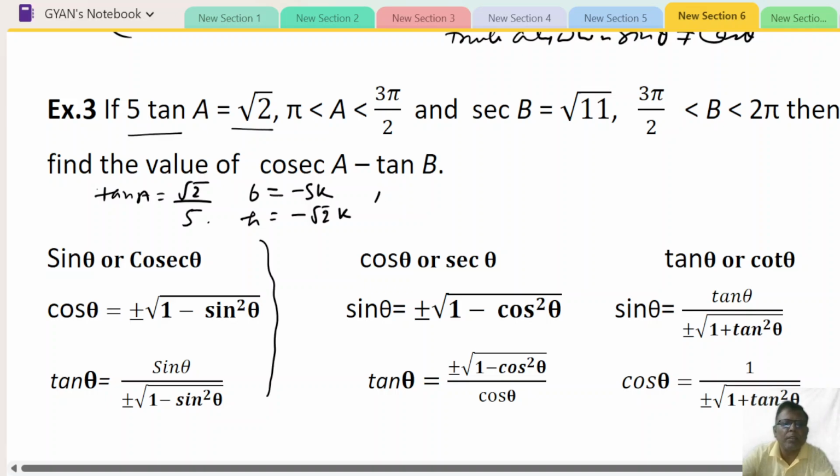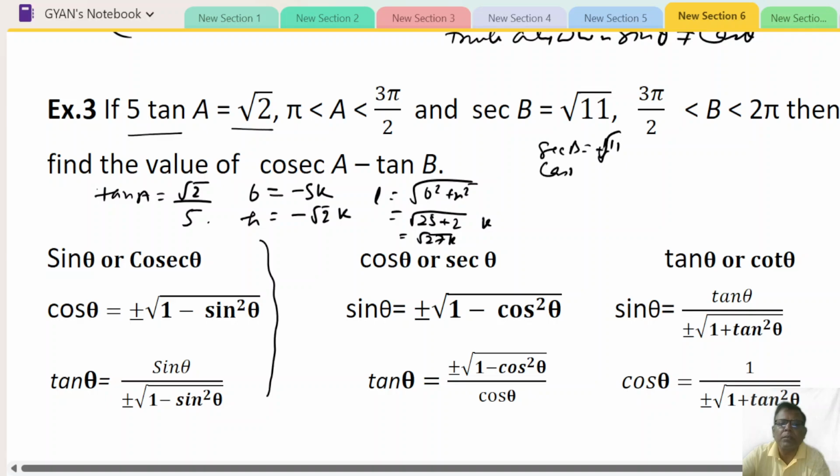Then L will be root over B square plus H square. So that is equal to root over 25 plus 2k. That is root 27k. Here sec B is equal to root 11.